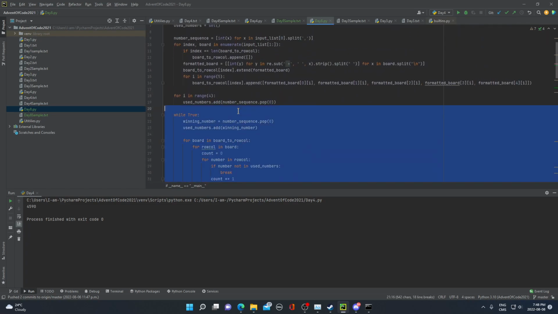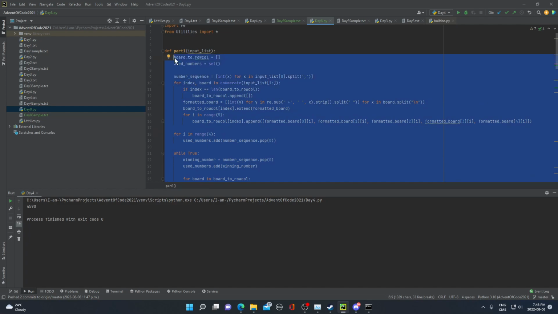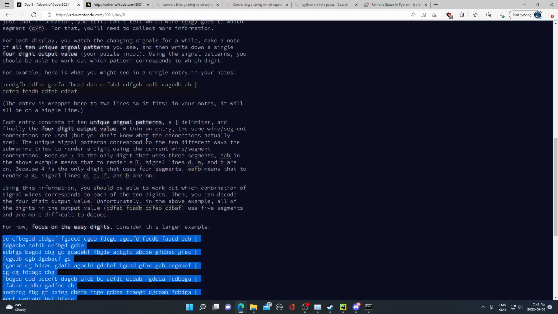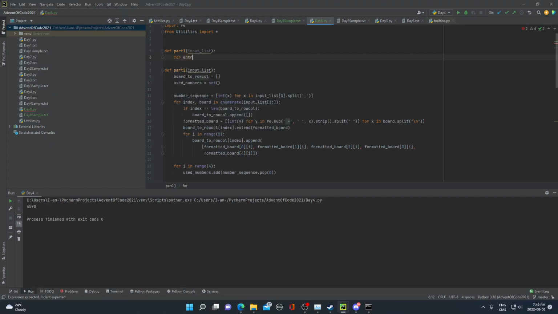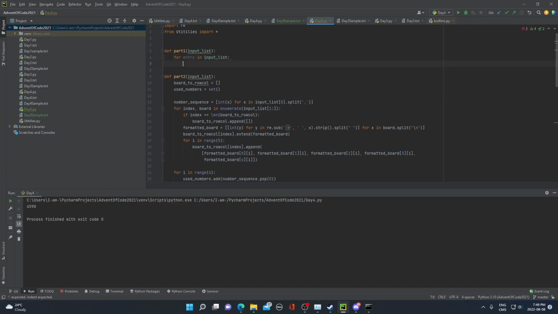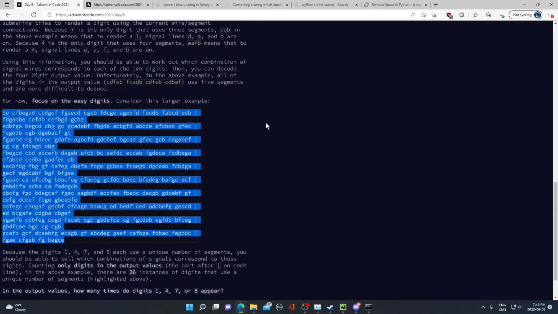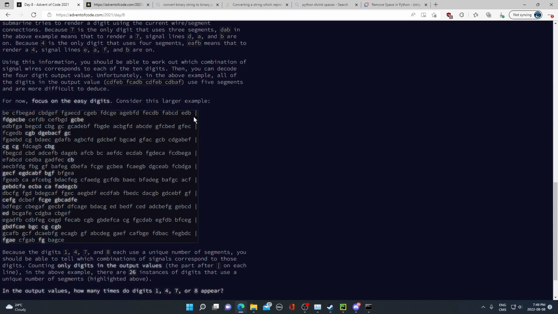So first off, iterate through the entire input list. And what should I call this variable? Entry. Okay, for entry in input list. So the way I want to complete this is each line is an entry.